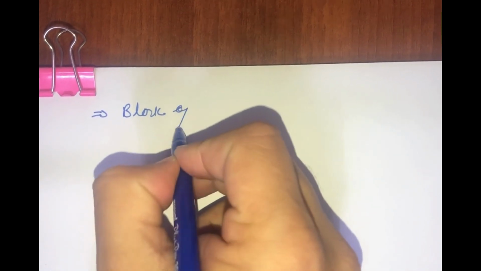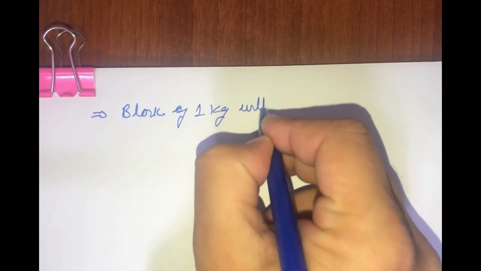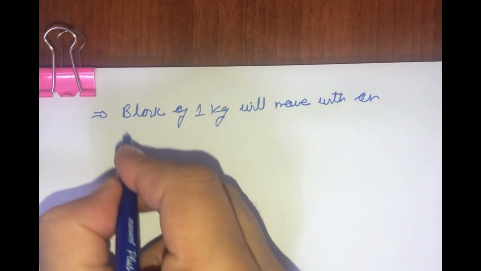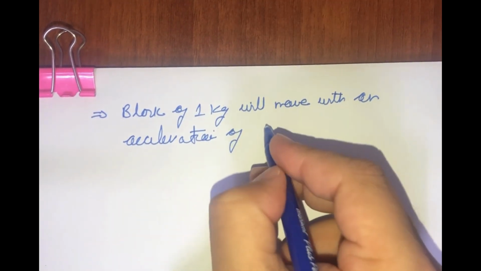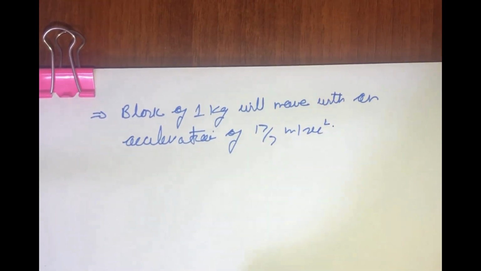Therefore, we can say that the block of 1 kg will move with an acceleration of 17.7 meter per second square.